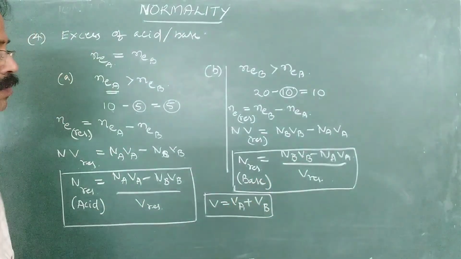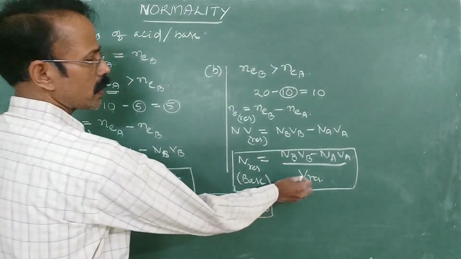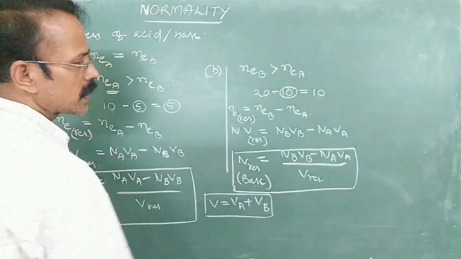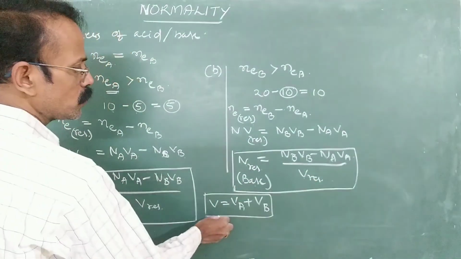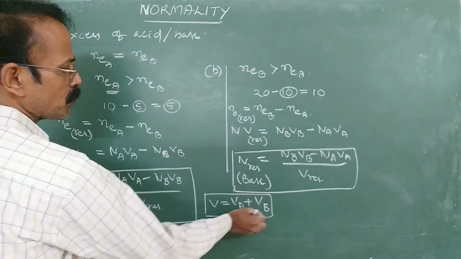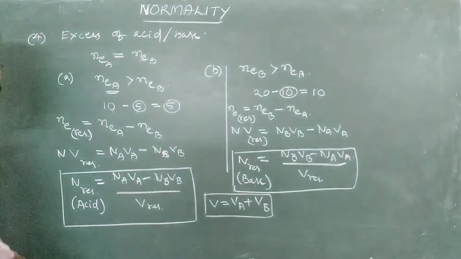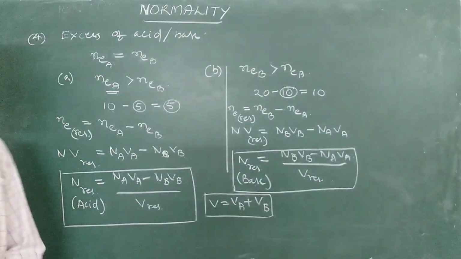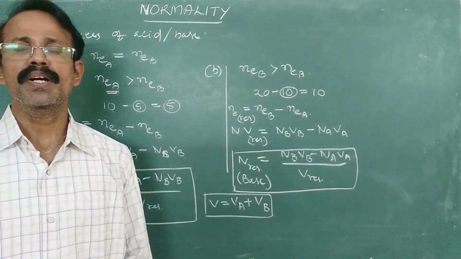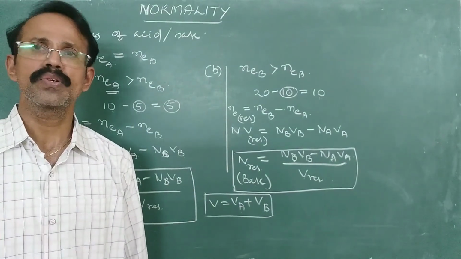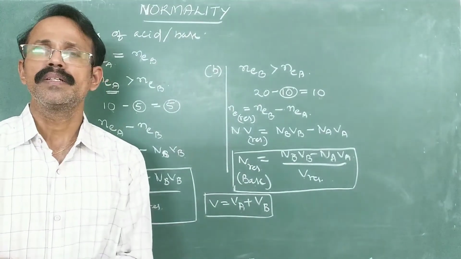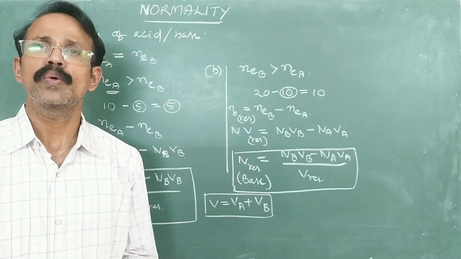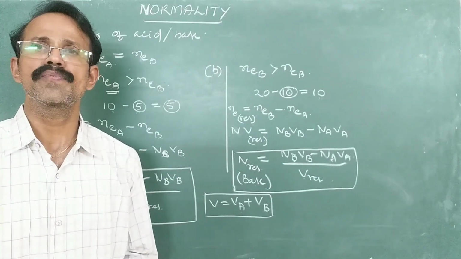So that becomes the normality of the base. Again here the volume of the resulting solution is equal to the sum of the volumes of the two components, acid and base. V is equal to Va plus Vb, right? So this is how the normality of the resulting solution formed after neutralization can be calculated when you take excess of acid or base.